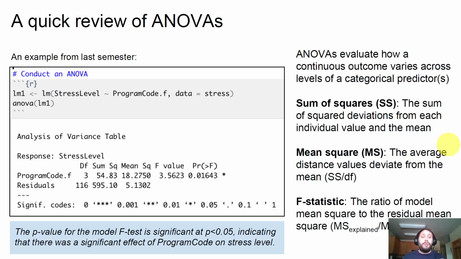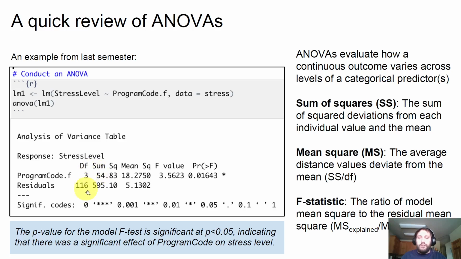Then you get the mean square, which is the average distance that those values deviate from the mean, essentially. And then lastly, you get the F statistic, which is a ratio of the model mean square to the residual mean square, which is just the MS explained divided by the MS residual, which gives you an F value. And we use that F value to obtain our p value to determine significance or not.